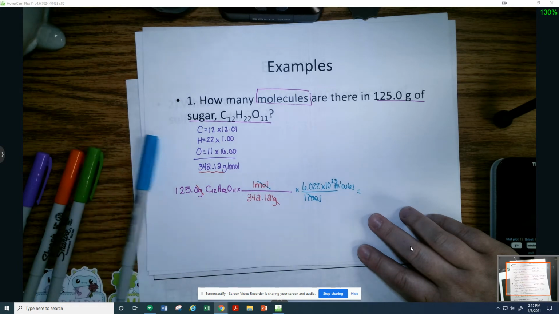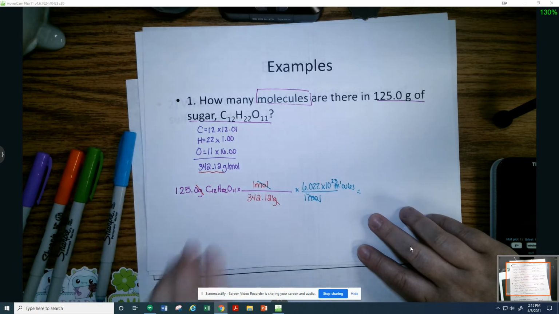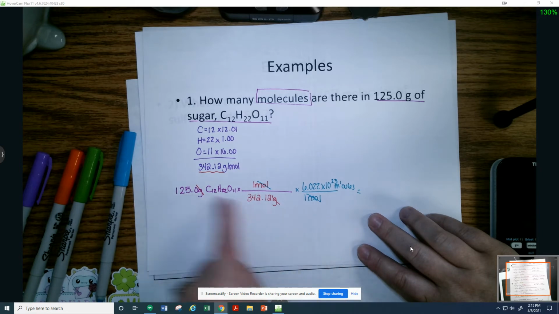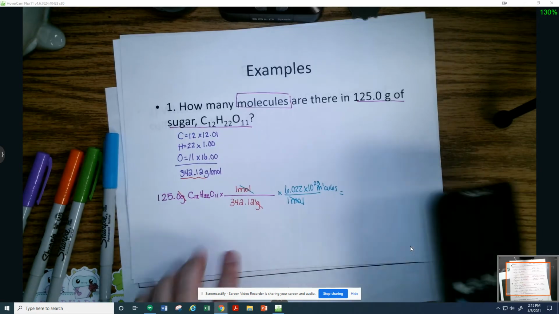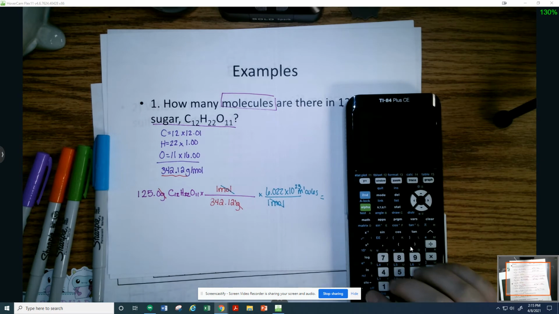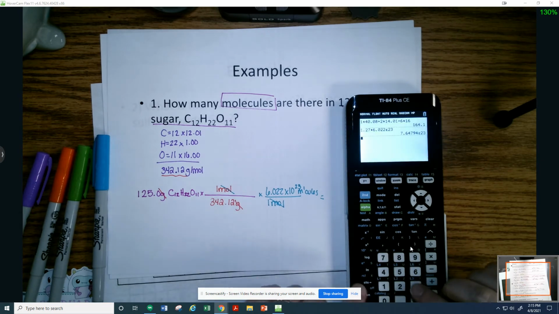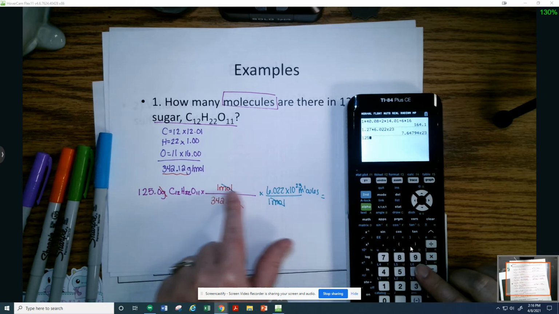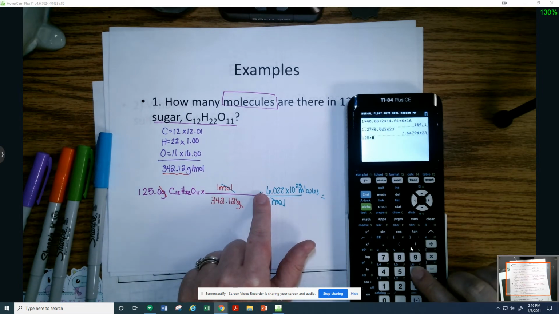You have 2 options for how you can work these out. You can multiply everything across the top and then divide it out, or you can do it step by step. I'm going to do it by consolidating my numerator and then dividing it out. So I'm going to take 125. I don't need to multiply it by 1, but I do need to multiply it by the 6.022 E23.